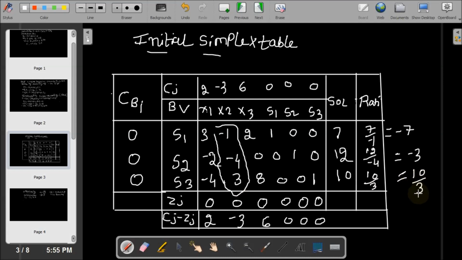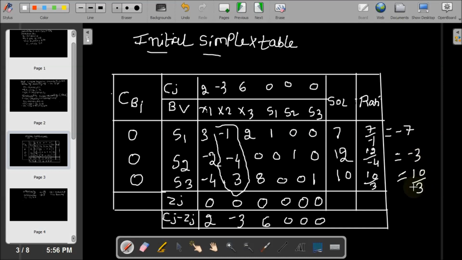Now listen carefully. To find the key column I have to select the most negative value, but to select the ratio, you have to select the least positive value. Remember, least positive value. For my case I have to select 10 by 3. Why? Only this is a positive value. -7 is negative, -3 is also negative.